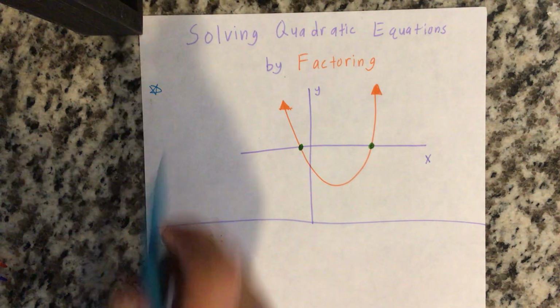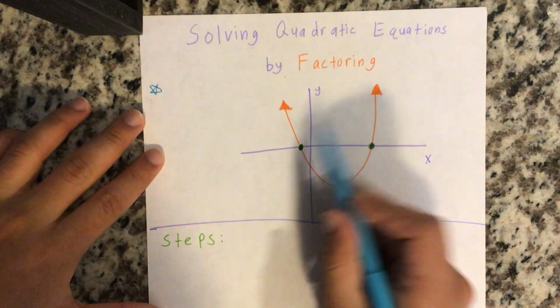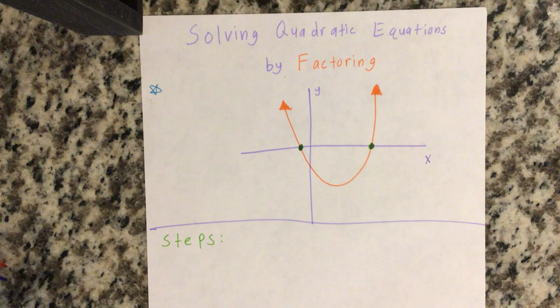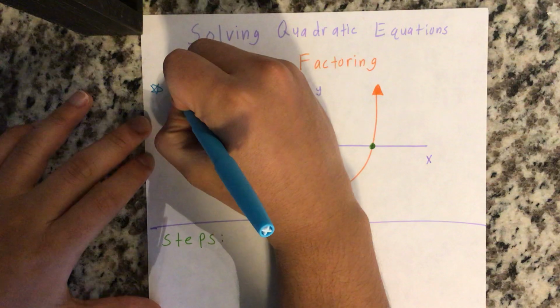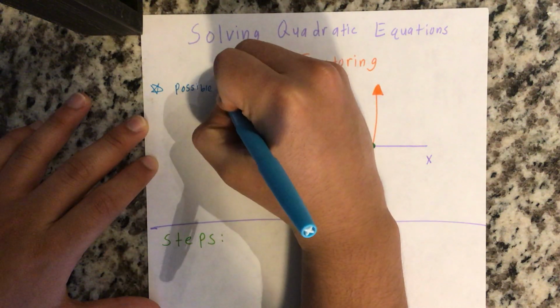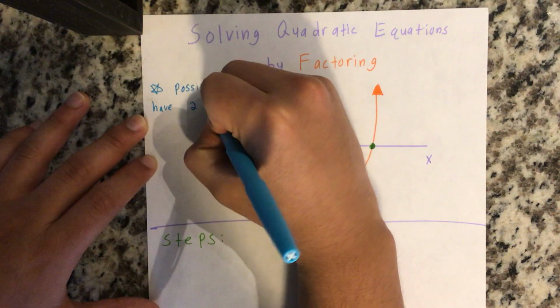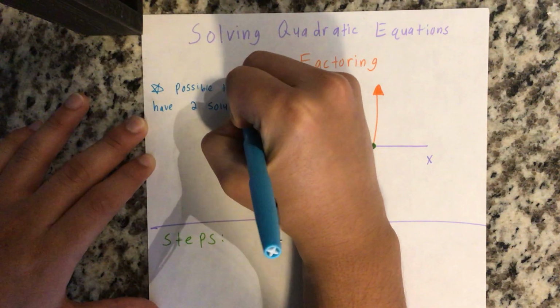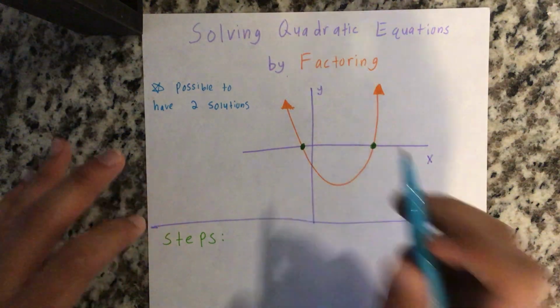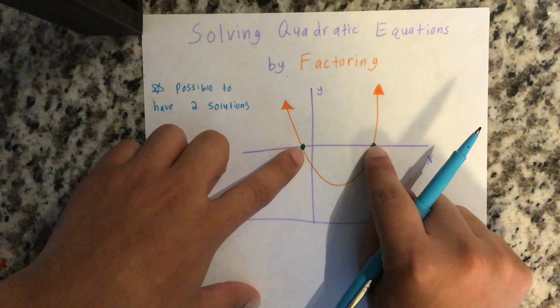Something to keep in mind, a little note I'm going to put over here, is that in these quadratic equations it's possible to have two solutions, like this graph right here. This graph has two solutions, right? Where it crosses the x-axis, it happens twice.